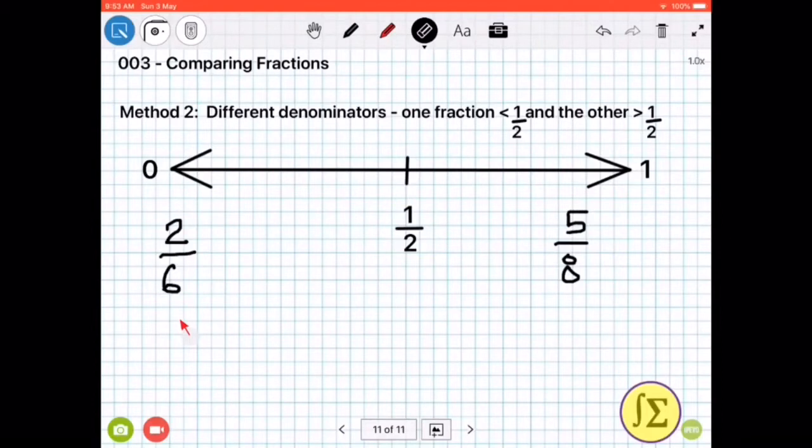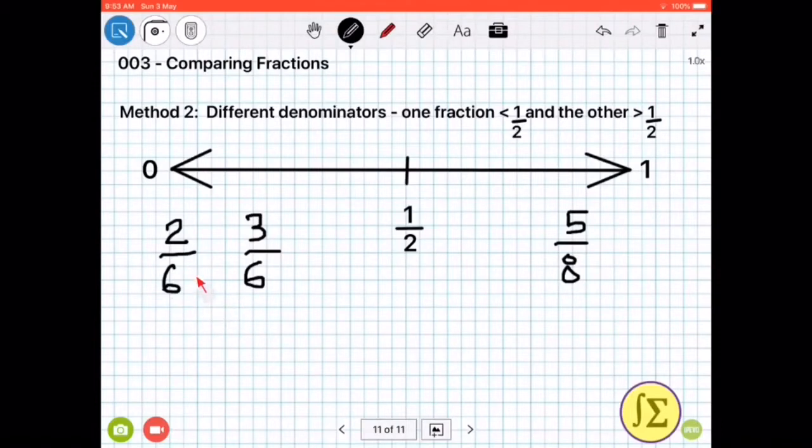The first thing we have to do is to write an equivalent fraction for half with the same denominator as this fraction, so with the denominator of 6. That would be 3, because 3 over 6 is an equivalent fraction to half, so that we can compare.